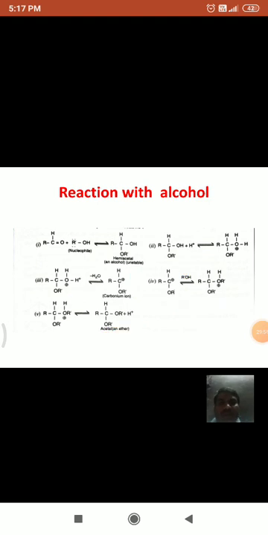And next, see here, for example, if a ketone is taken, the ketone reaction with alcohol is also similar to that of an aldehyde. As an aldehyde forms hemiacetal first, a ketone treated with alcohol forms hemiketal first.